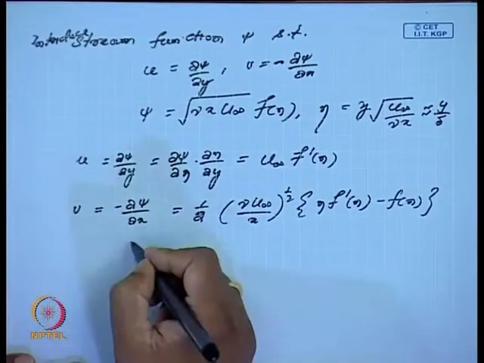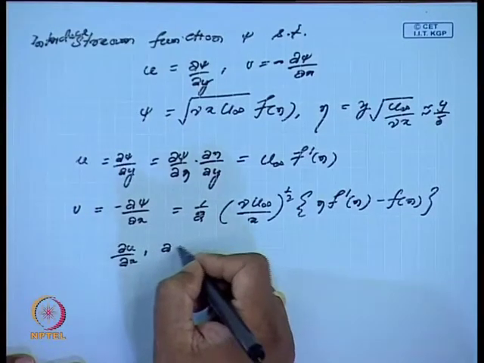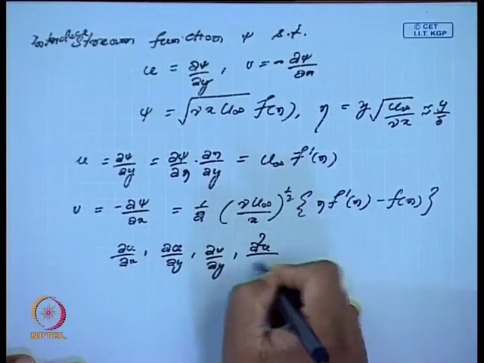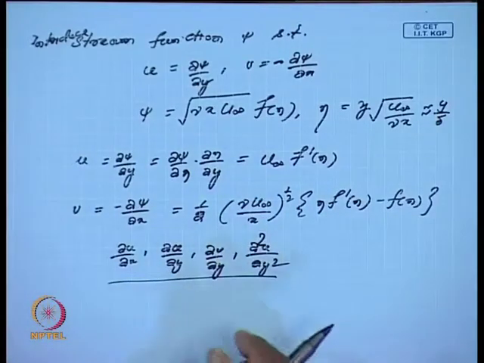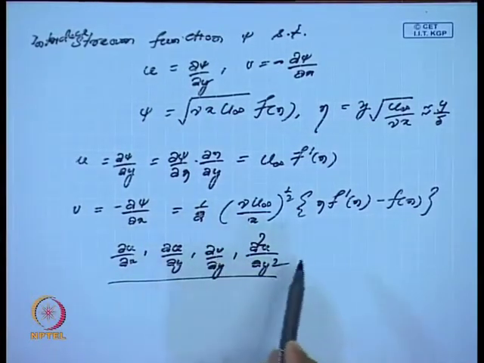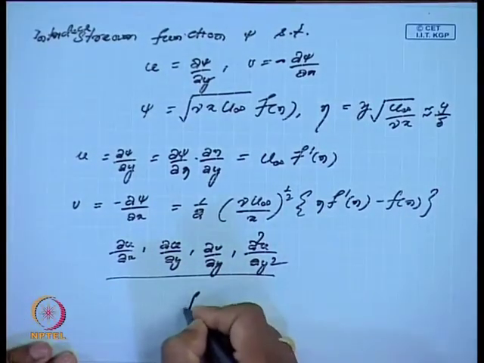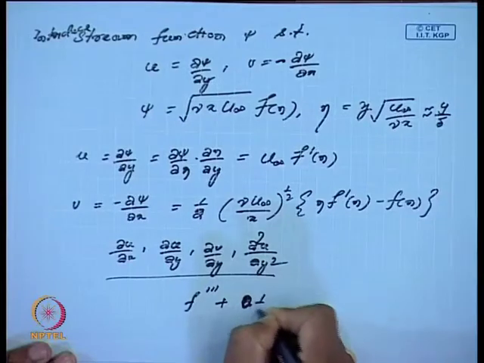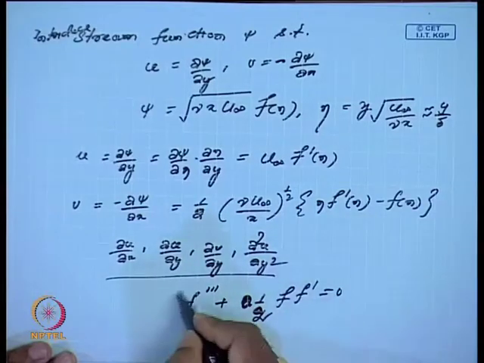In a similar manner, we first obtain del u by del x, del v by del y, del u by del y, and del square u by del y square. If you substitute these in equation b, then in terms of f we get only a single equation, that is f triple dash plus half f into f double dash equals 0.